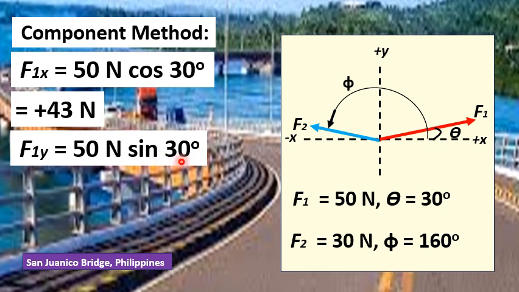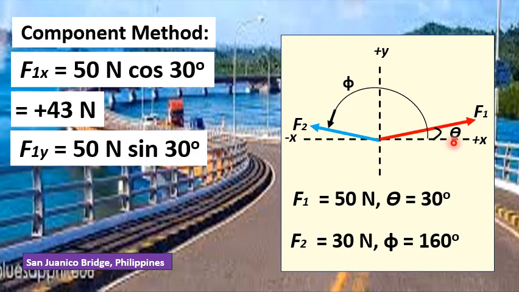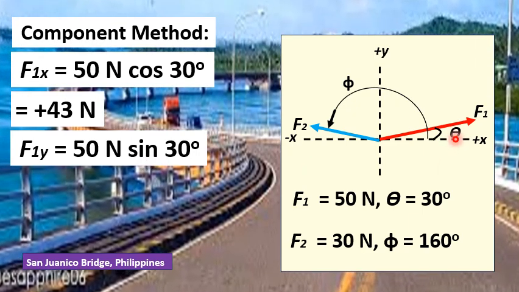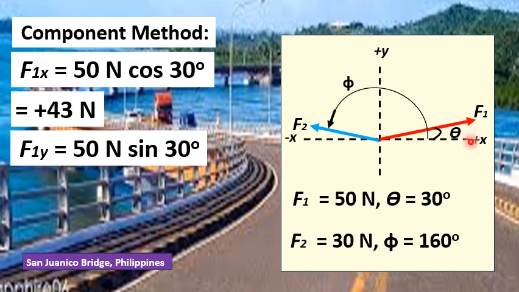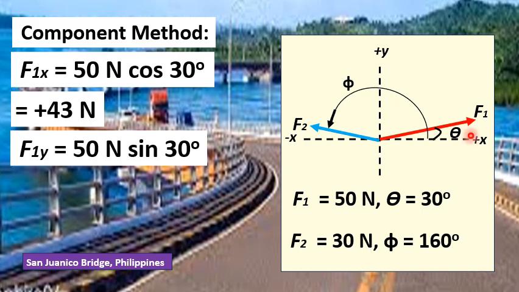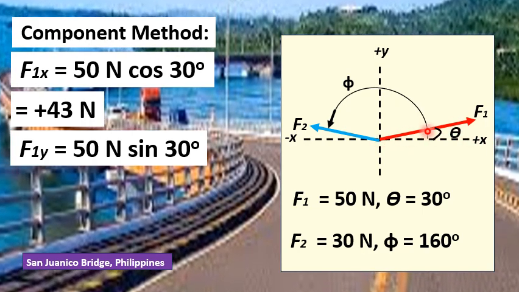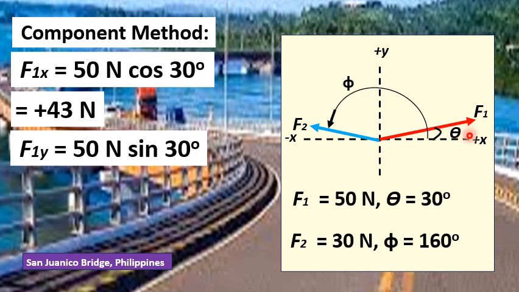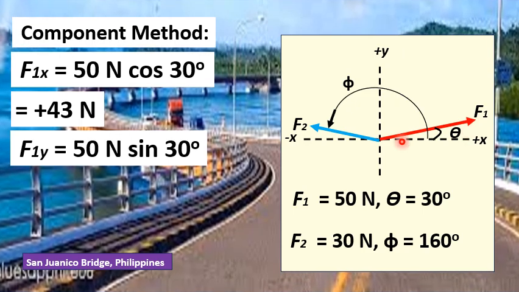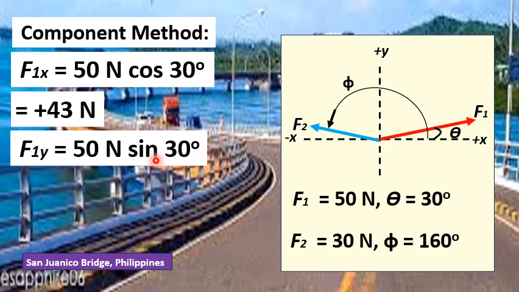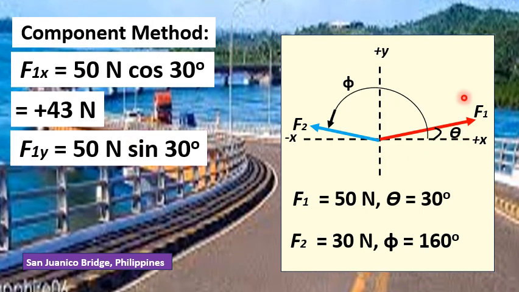Because by definition, when you say sine of the angle theta, we are actually referring to the opposite side of the right triangle divided by the hypotenuse, right? Now, not shown in the drawing, but the opposite side is in fact the y component F1y directed upward, right?